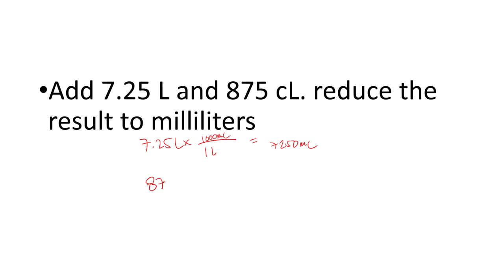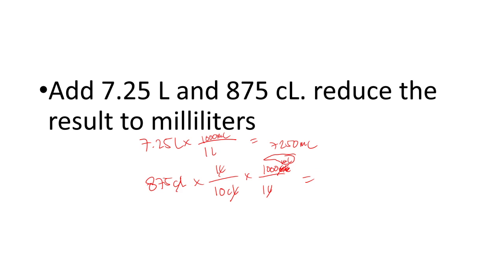Then 875 centiliters. 10 centiliters is actually 1 liter. Then 1 liter is 1000 ml. Oh, you can cancel that. Sorry. This one cancels out though. This one remains. The final unit is in ml.